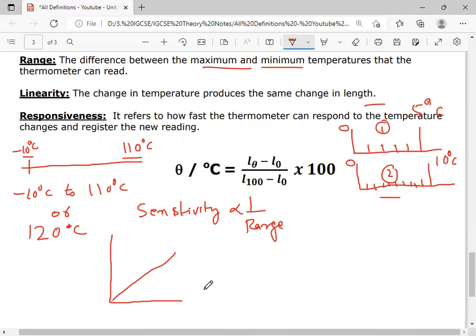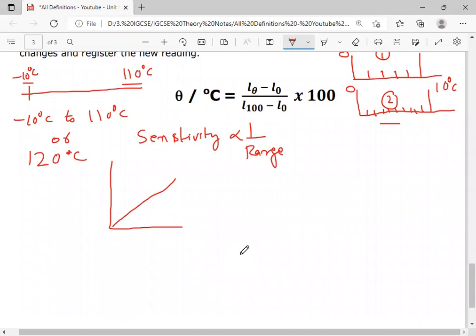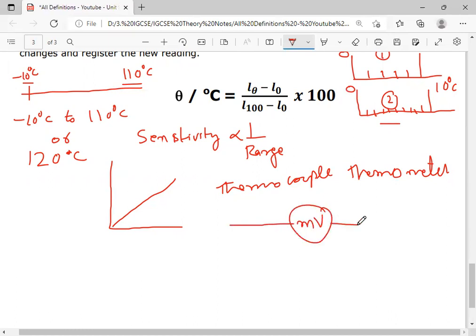Another important part of the temperature unit is the diagram of the thermocouple thermometer, and usually its diagram is asked in the examination to be drawn by the student. So what we will do is draw a millivoltmeter over here.